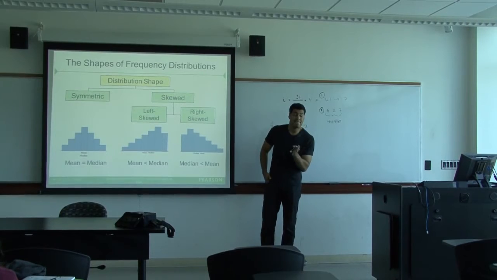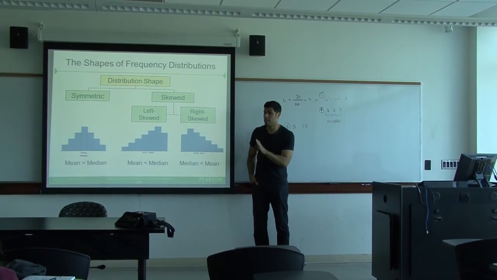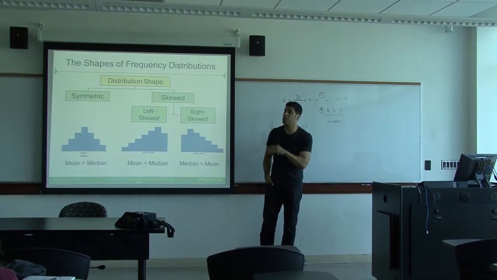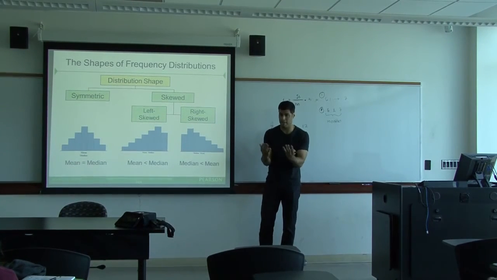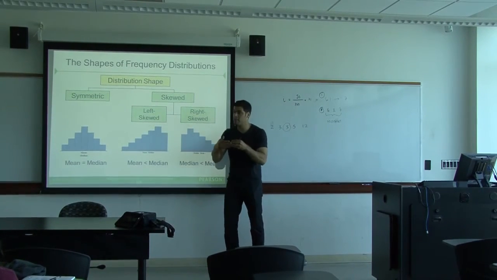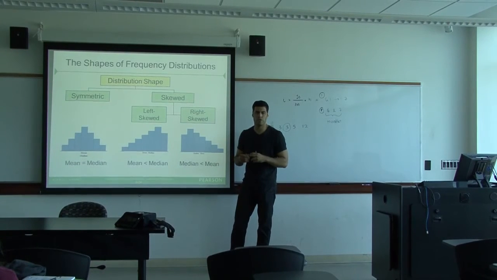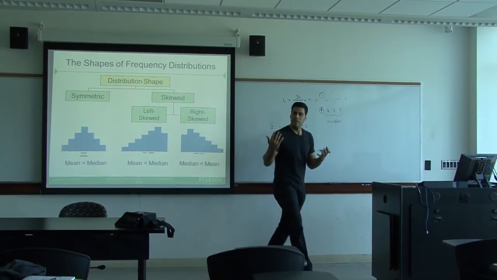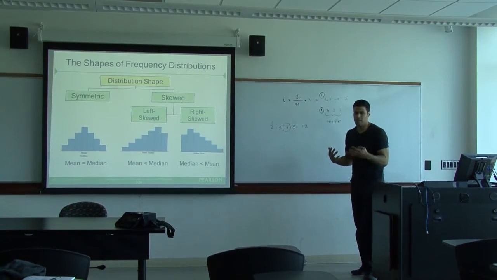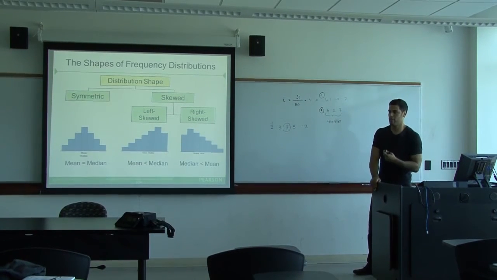So in a way, this is just an informal test of skewness. If you see a data set and you compute the mean and the median and they are the same value, then you may be able to assume that the distribution is symmetric. But if you see that the mean is lower than the median, then you could infer that the distribution is skewed to the left.